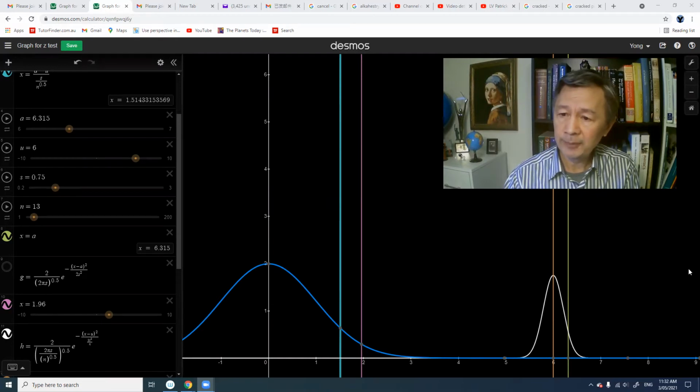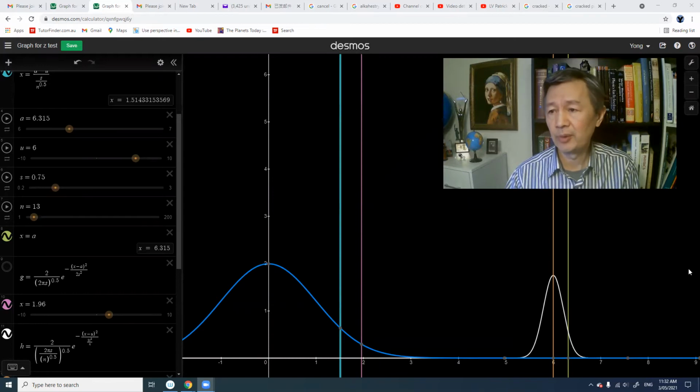The vertical purple line around 1.96 represents the critical value. Beyond that, the area, normally called alpha or sometimes half alpha, represents the 5% chance.